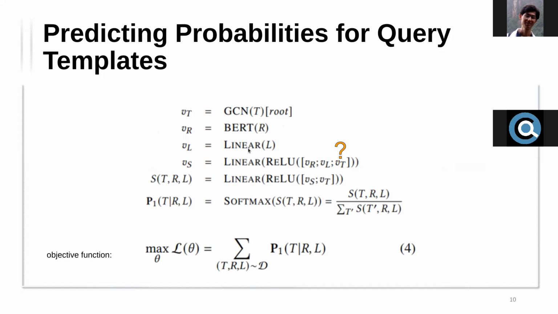Then this linear network gives us the vector representation for the logs. VR and VL are concatenated together, then passed through ReLU and then through the linear network to create this vector for the state of the distributed system.